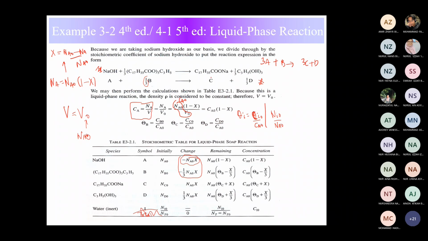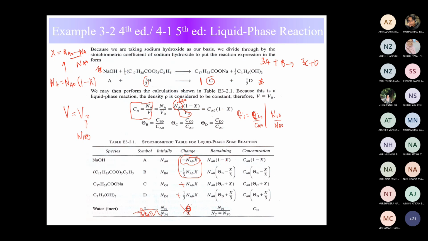And then we have a C here. C kita tak ada kan, kita ada satu saja kan. Okay, so Na0X. Okay, this one plus. Okay, and then we have for D, which is plus with 1/3 Na0X. Okay, and remember for the inert tak akan ada reaction here, so should be 0 here. Okay, dia ada initial sahaja.